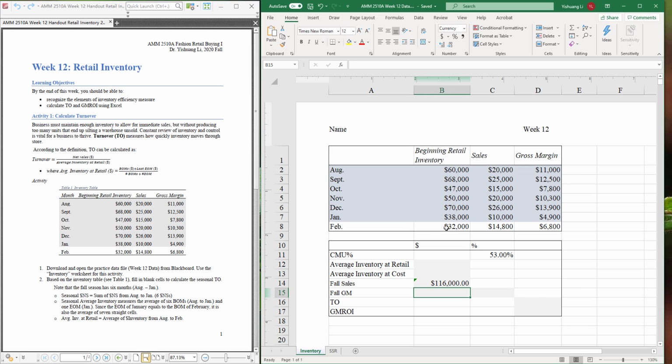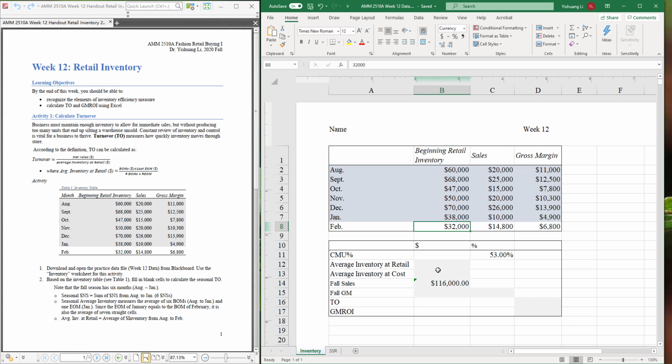So it would be the retail inventory of February. Based on this, we know that in total we have 6 BOMs, from August to January, and one EOM of January, which equals the BOM of February. In total we have 7 numbers.